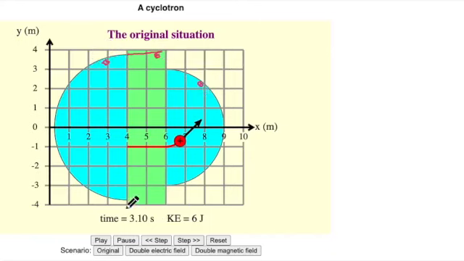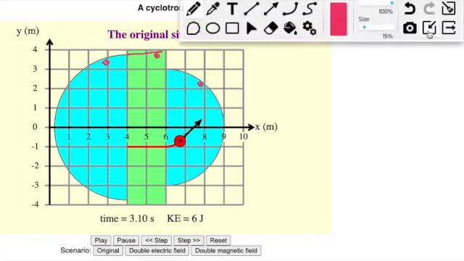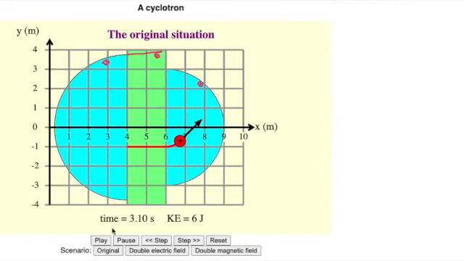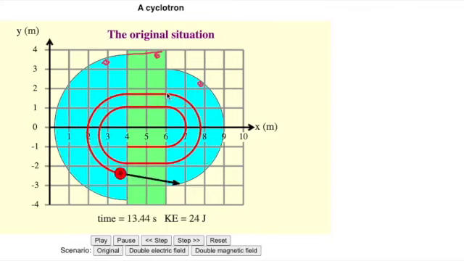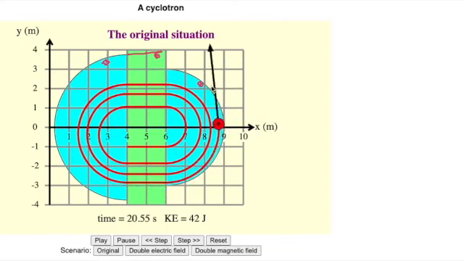That you need to understand here. Now let me play the animation once again. In between the Ds, where the electric field is acting, the particle is accelerating, and when it enters into the magnetic field, it is moving in a curved path.